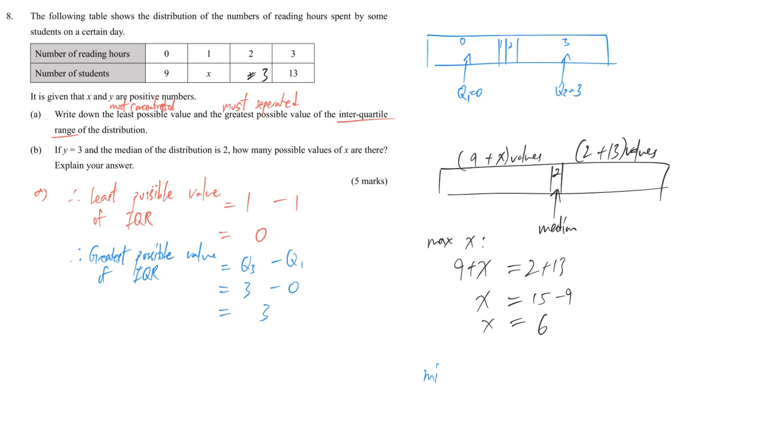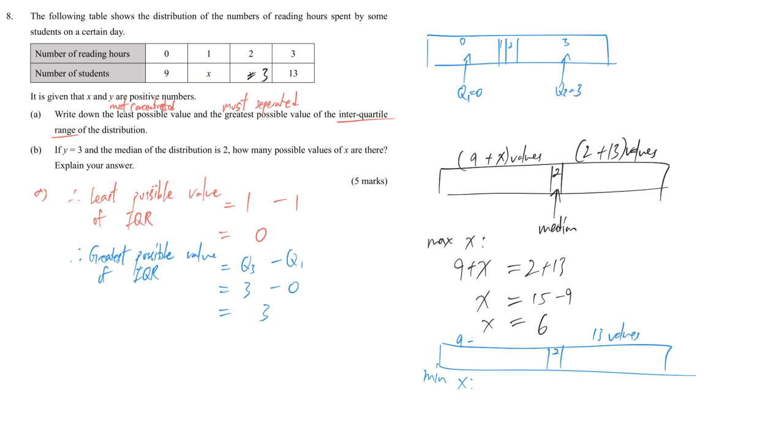Similarly, if we consider the minimum X, the other extreme case is that the median is not the first 2 but the last 2 here. Because it's the last 2, on the right hand side we have 13 values. On the left hand side we count 1 of the 2, so we have 2 values here, X values, and 9 values here.